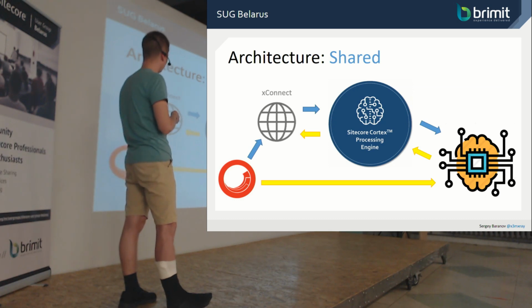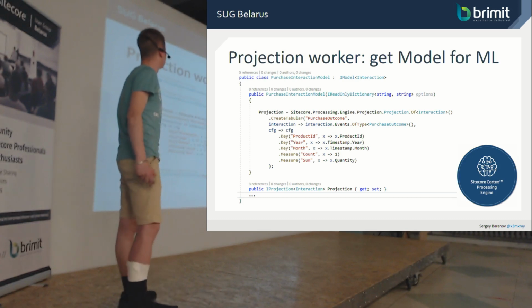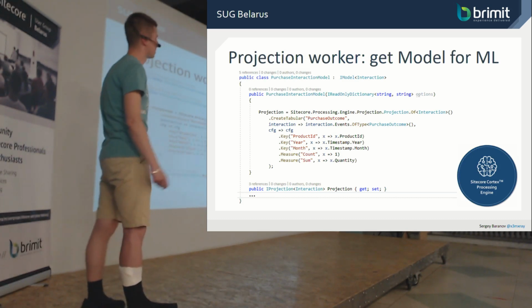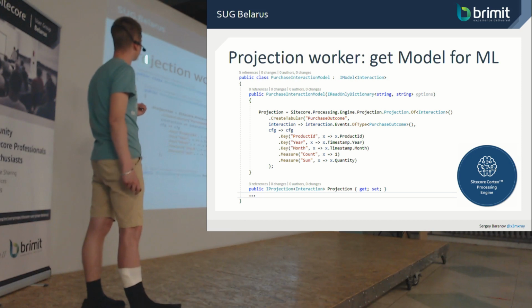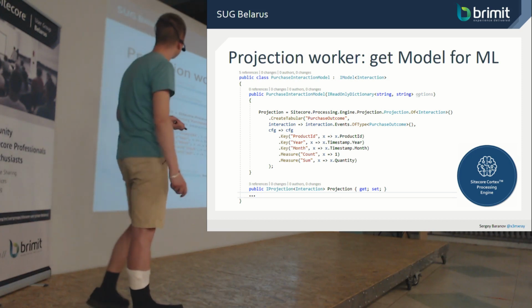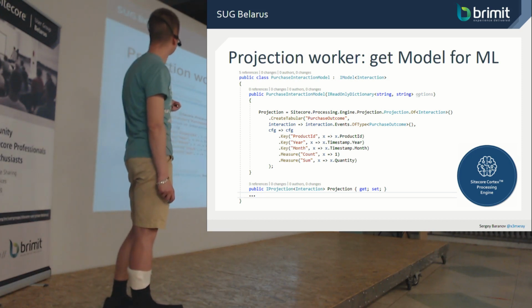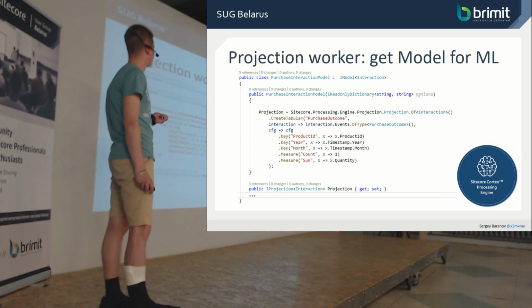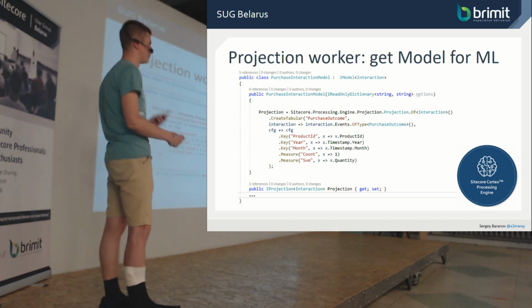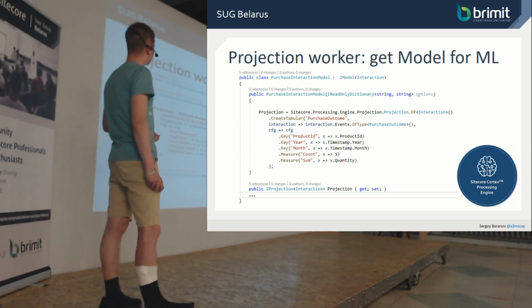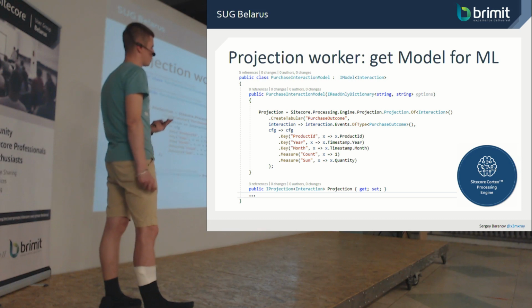How does it work? The main part of processing engine is the projection framework. All that you need is to create a new class inherited from the IModel interface. It's a wrapper from two repositories of XConnect. Out of the box, we can create a model based on interaction repository and contact repository.